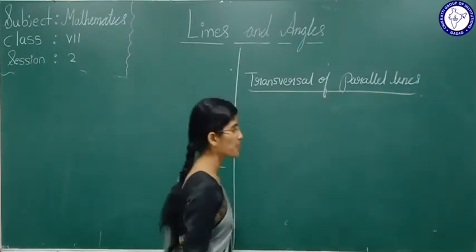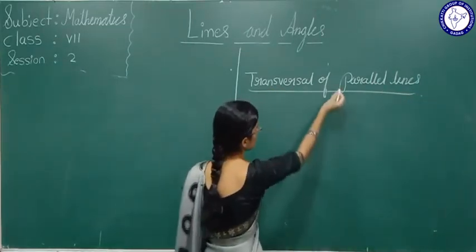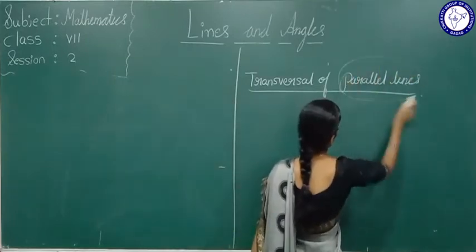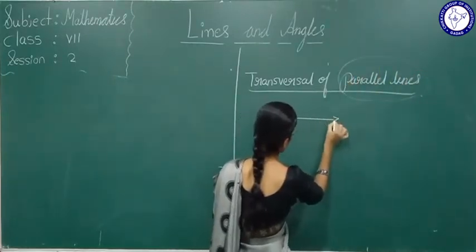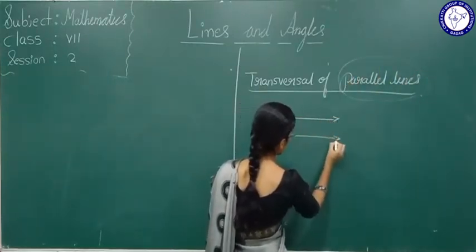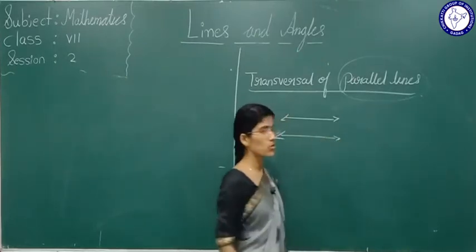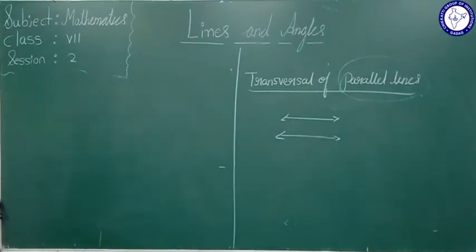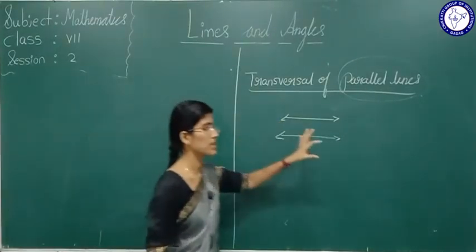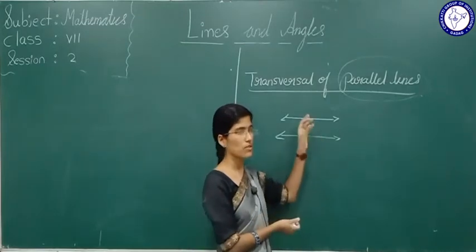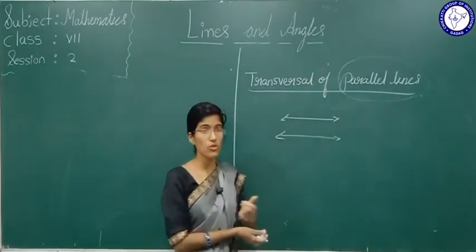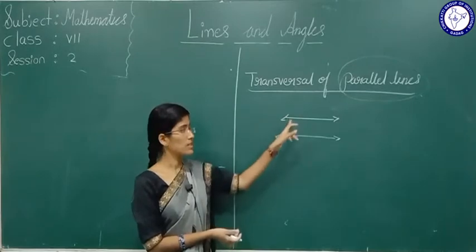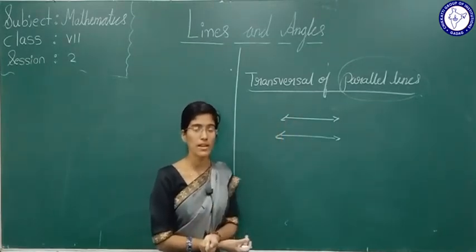Now see here, what are parallel lines? First we will see what these parallel lines are. Parallel lines are those lines which are not going to meet, two lines which never meet. These two lines which are not going to meet at all are called parallel lines.